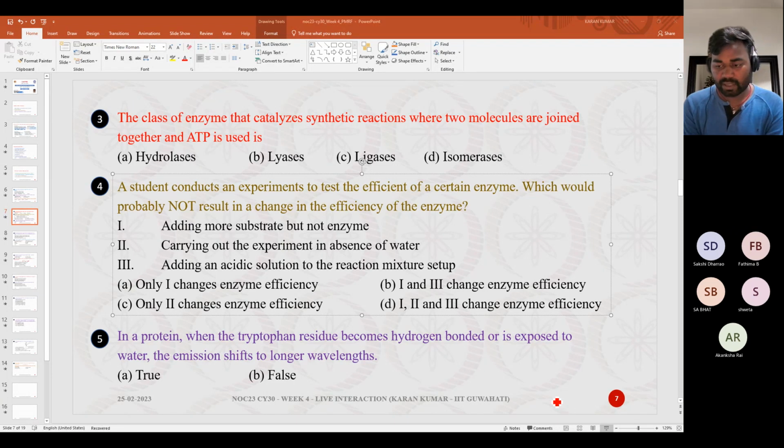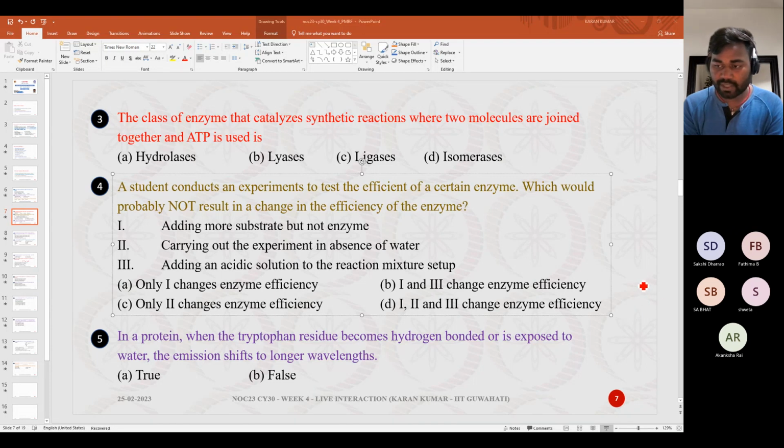Let us say you have one absorption, AU, and here you have wavelength of light. Without exposing, this particular protein shows this kind of UV absorption spectra. Let us say this is the enzyme, and here is the tryptophan residue.